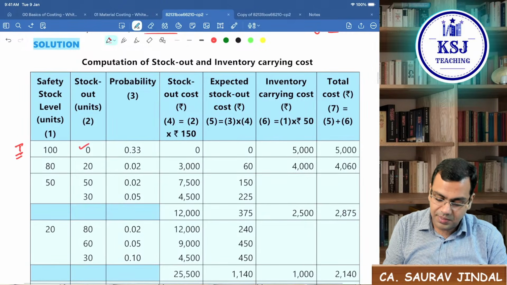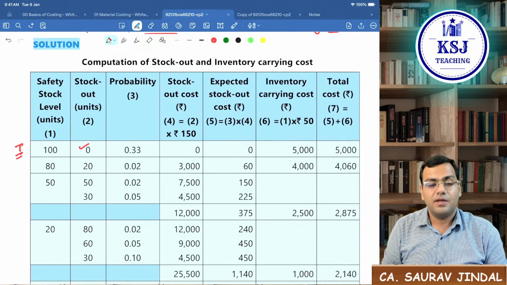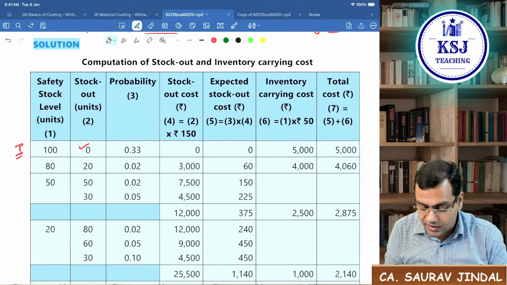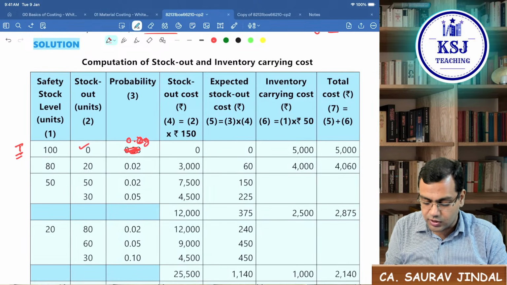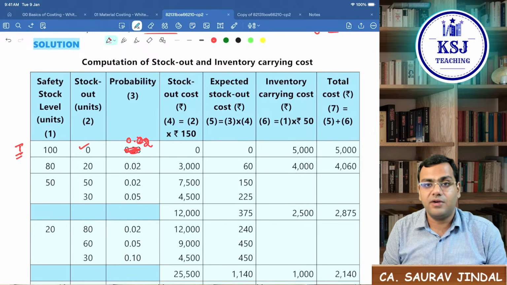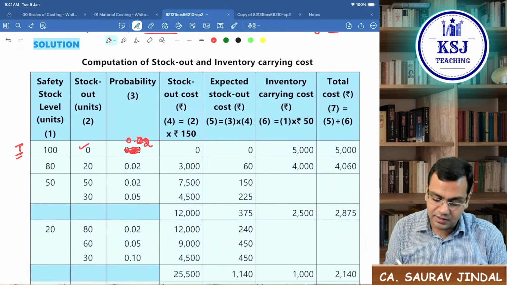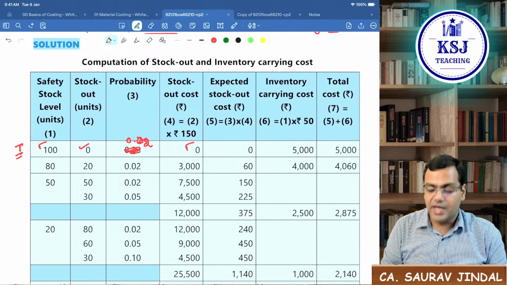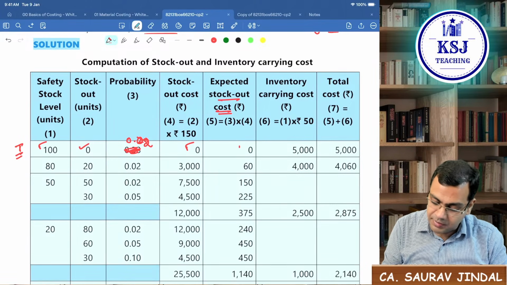Stock out units will be 0. What is the probability that there will be a demand of 100? It is not 0.33, it is 0.02, sorry, because out of 100, only 2 times it happened that there was a demand of 100. So stock out cost is 0. Expected stock out cost on the probability is 0.